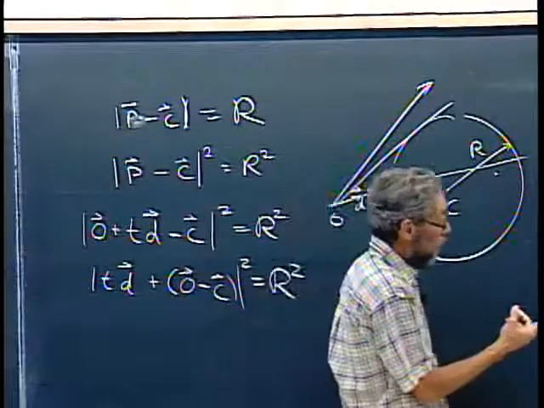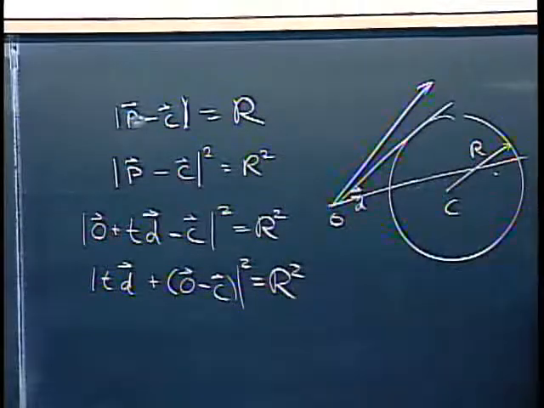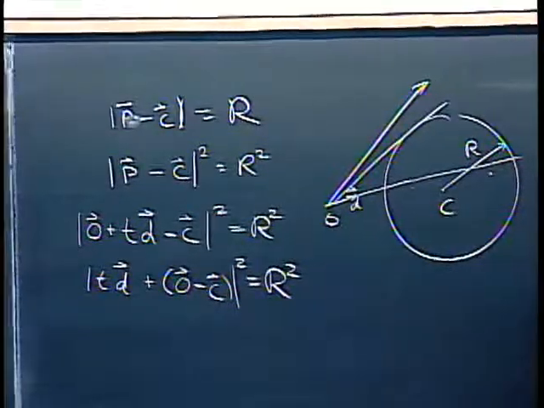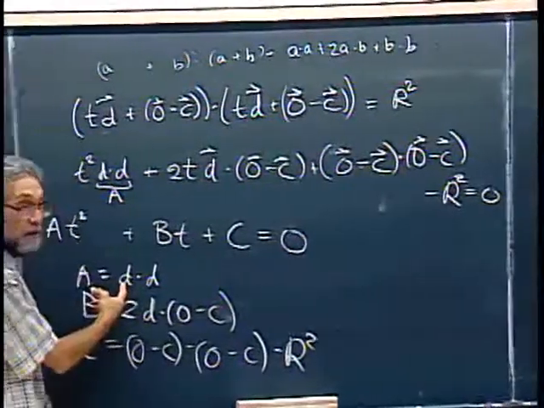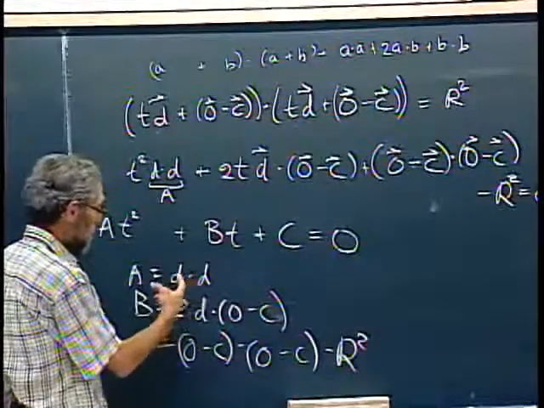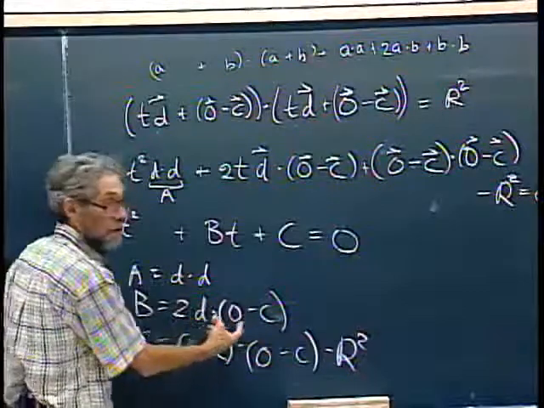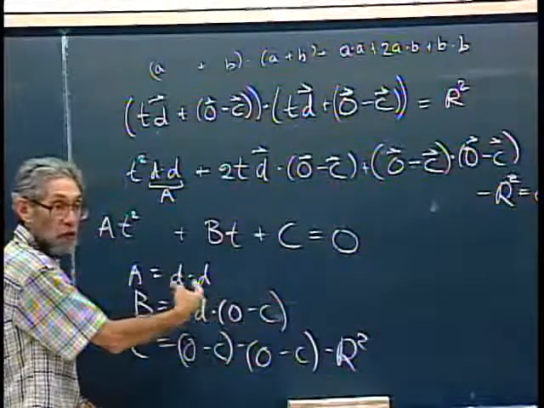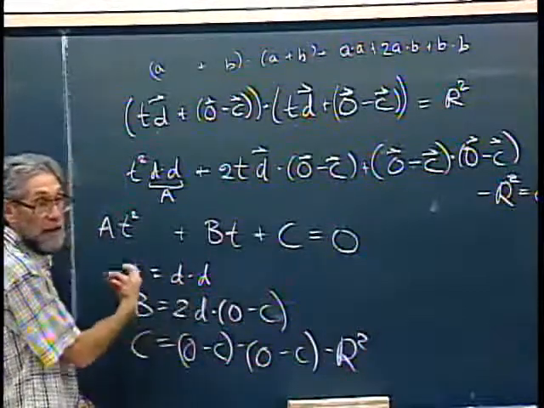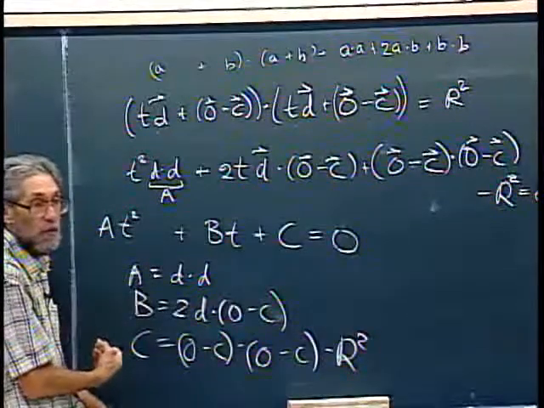And, I wrote these as dot products, but if you know the components in terms of x, y, z coordinates of these, the D and the O and the center, then you can do the arithmetic and get capital A, B, C in terms of those coordinates.